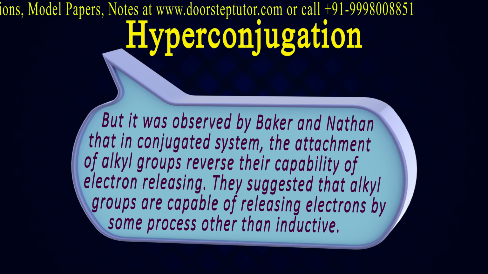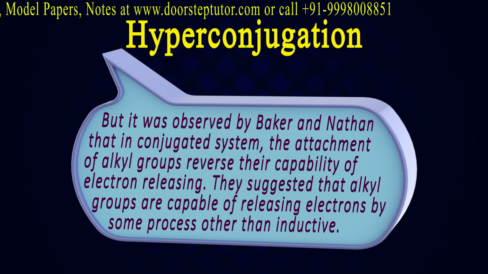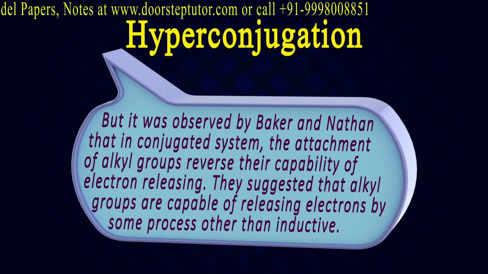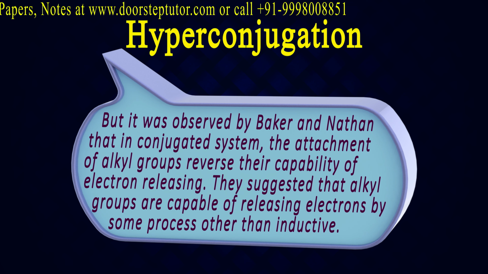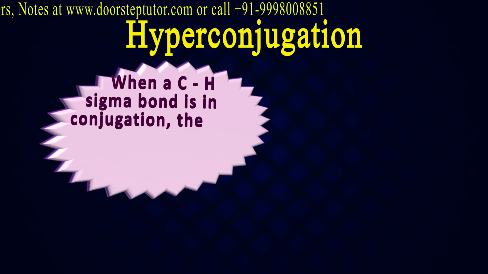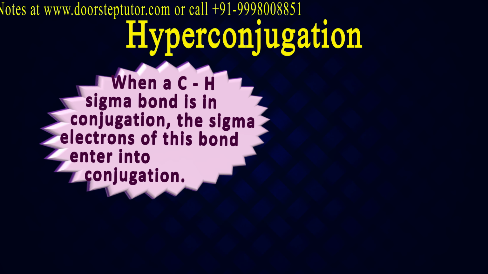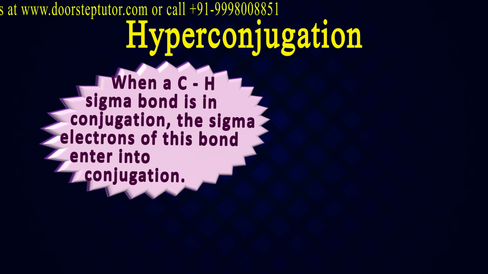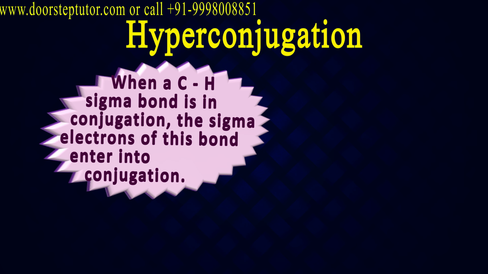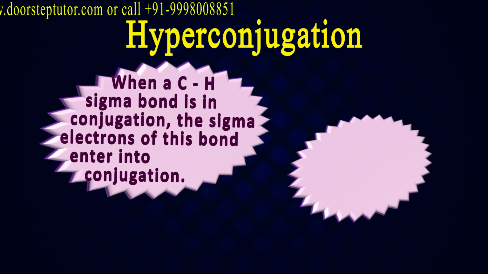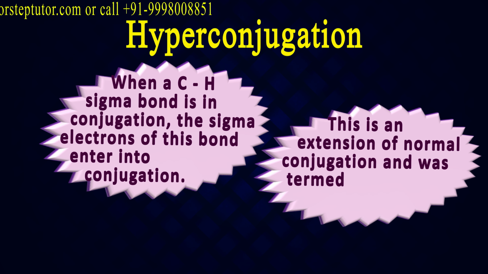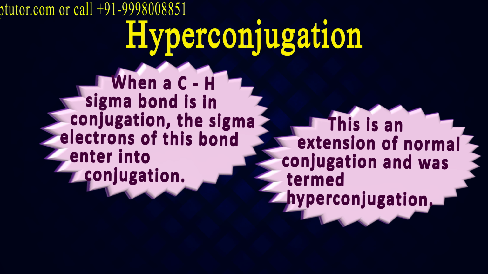Now let us study more about hyperconjugation. So what happens in hyperconjugation? The carbon-hydrogen sigma bond is in conjugation and the sigma electrons of this bond enter into the conjugation. This is the extension of normal conjugation. And what happens in normal conjugation?